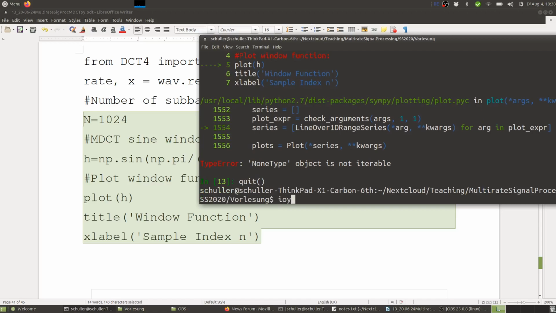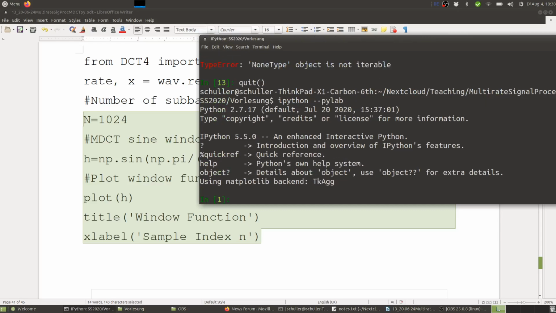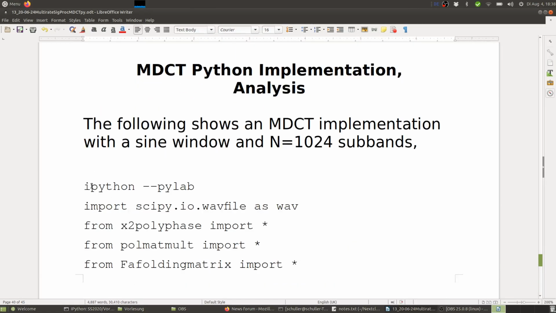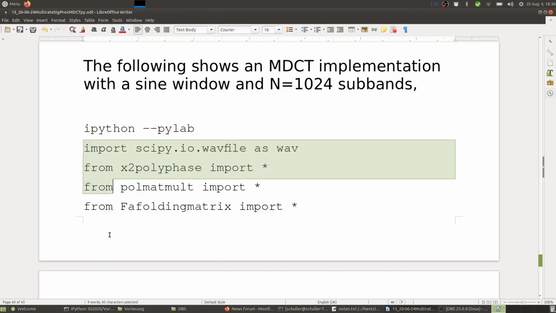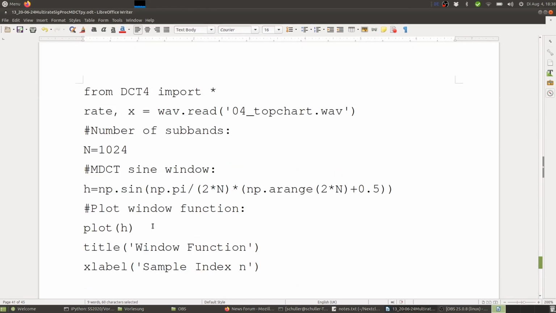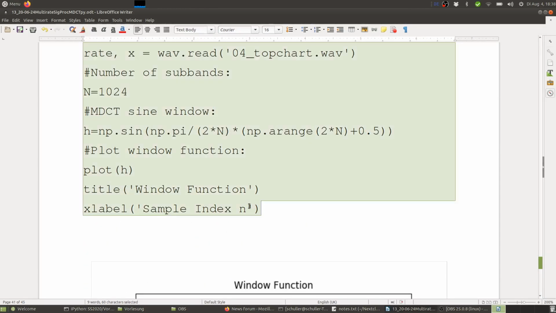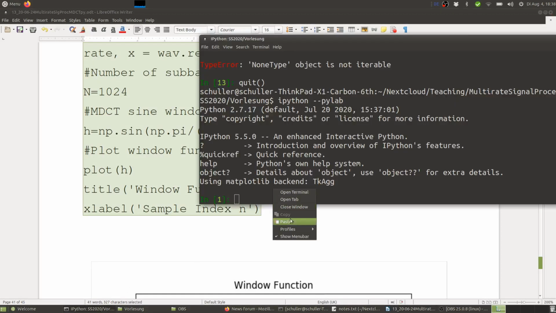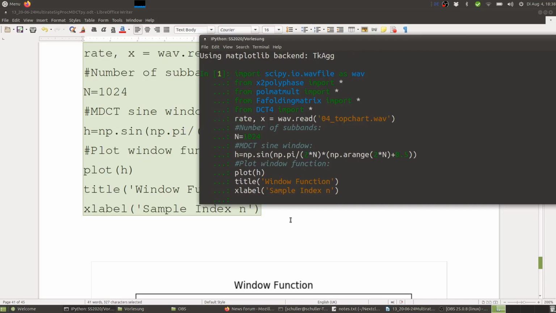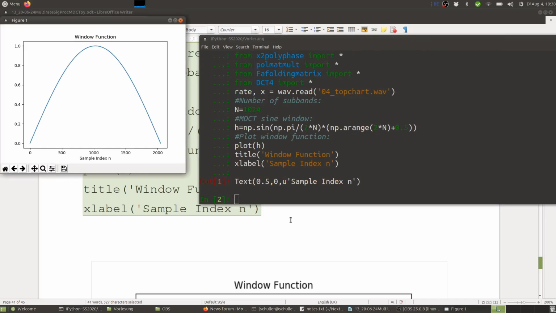Let's see, IPython -pylab. So hopefully now it works better. Import everything, copy, yes, now it works.